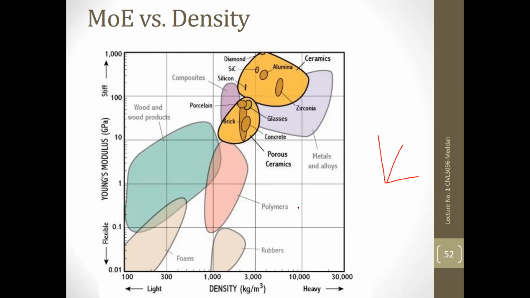Here you are in the area of polymers, so the density is quite low, and the modulus of elasticity is low, so you have flexible material. Flexible is the opposite of stiff. Stiff is hard. If the material is flexible, that means the modulus of elasticity is low.